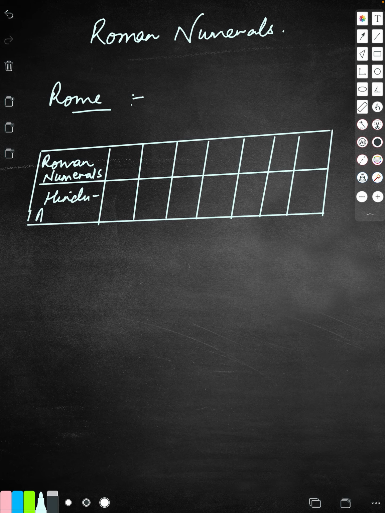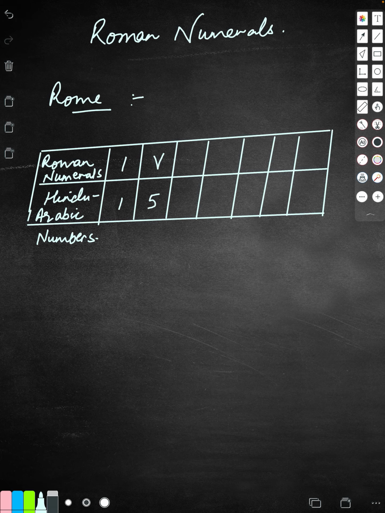What is the value of these symbols in the Hindu-Arabic numbers? So, dear children, the first symbol which the people in Rome utilized was I. I represented the value 1 in the Indian system. Then they used the symbol V. V represented 5.